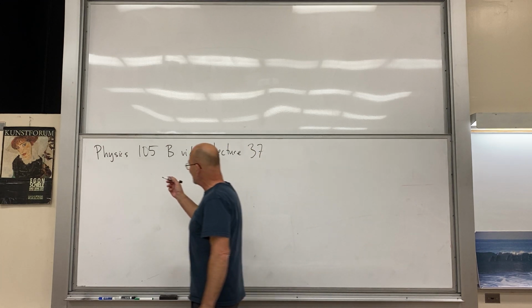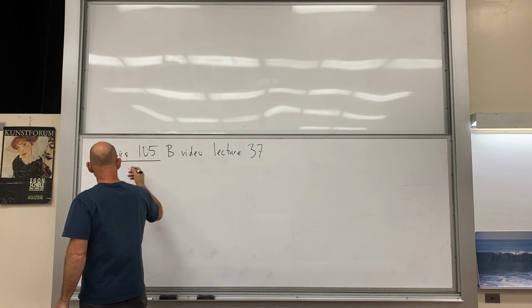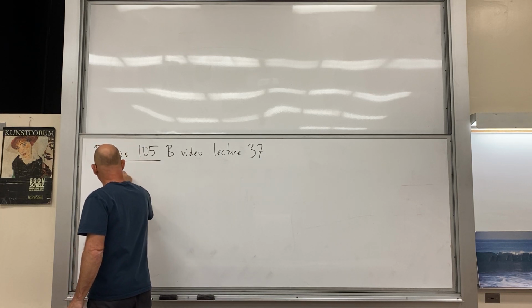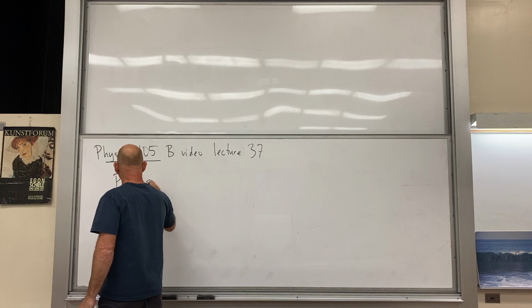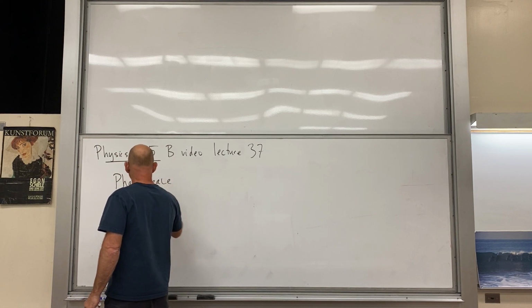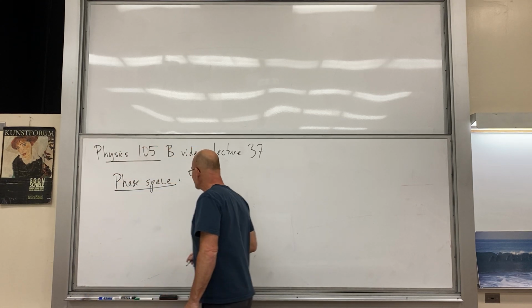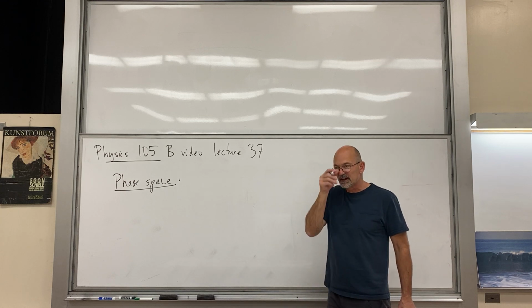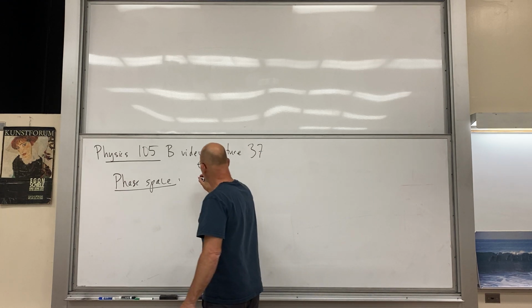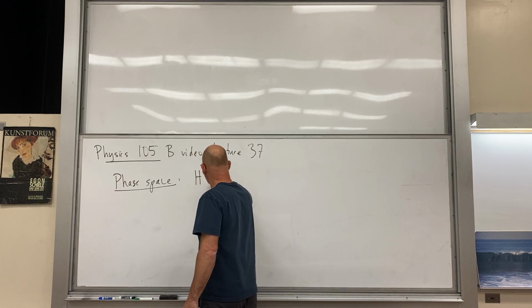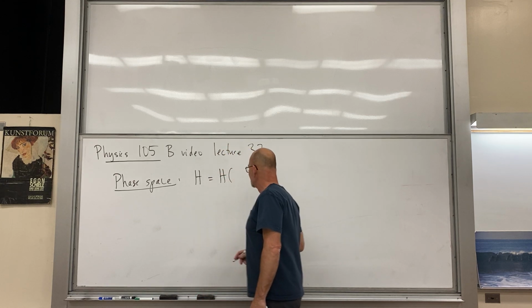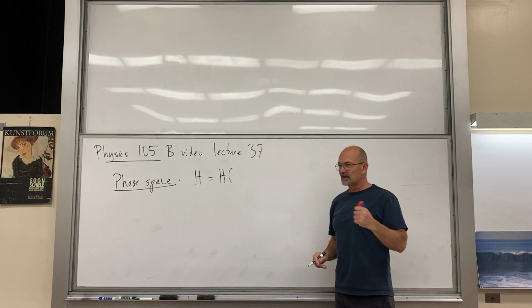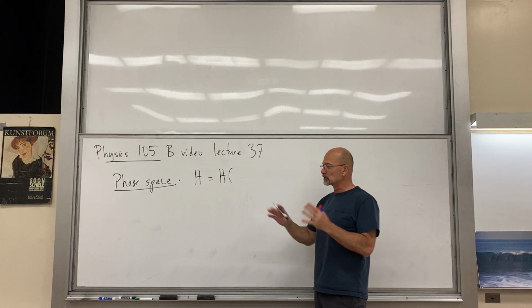Okay, so phase space. We have to have a Hamiltonian system. We're looking at one with conserved energy. So we've done all the work it takes: coordinates, velocities, momenta, Lagrangian.